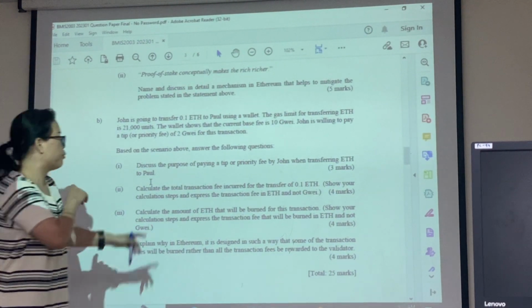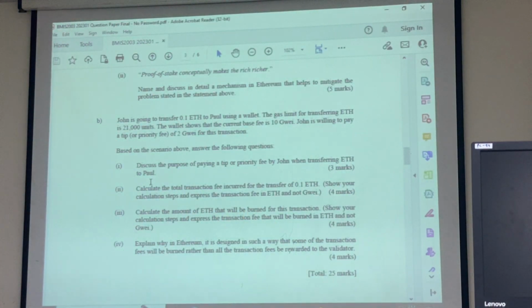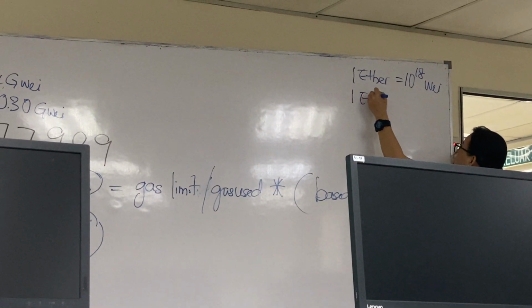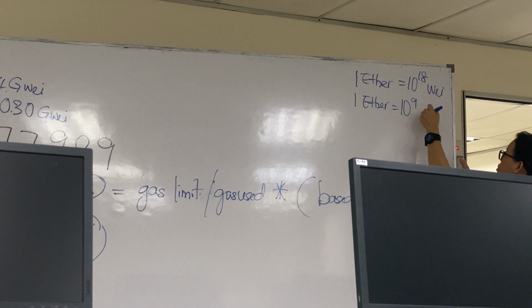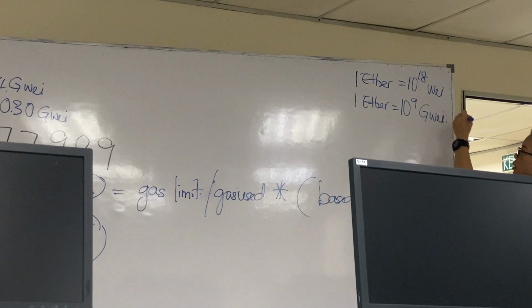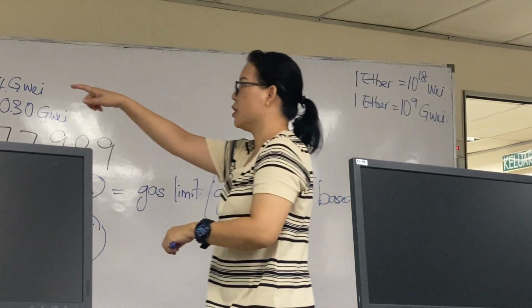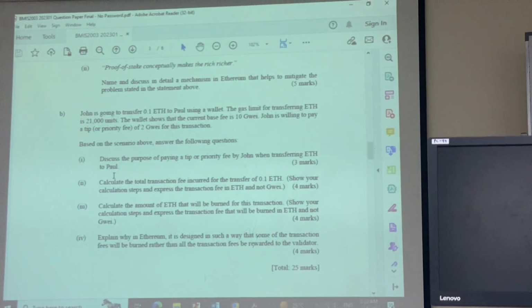Before we calculate for this, I did tell you one ether is equivalent to 10 power 18 Wei, and one ether is equivalent to 10 power 9 Gwei. Now, based on this question, John is going to transfer 0.1 ether to Paul using a wallet.